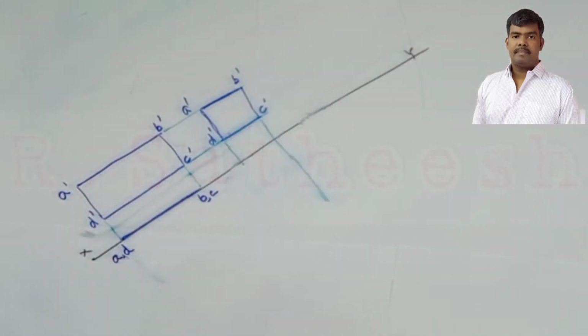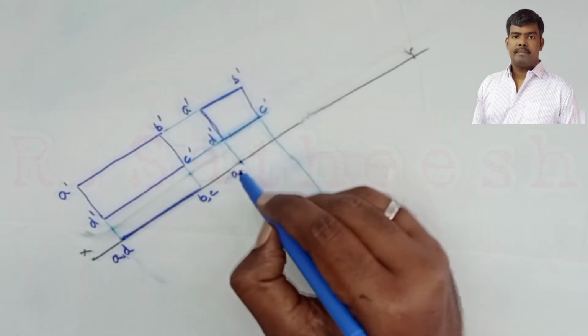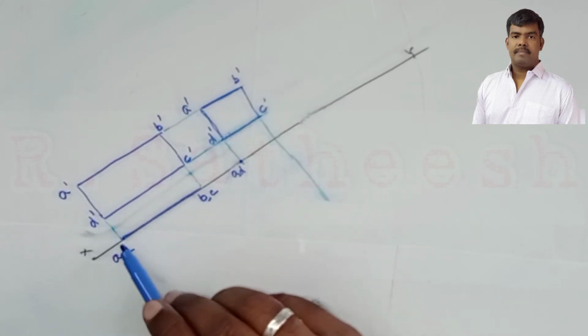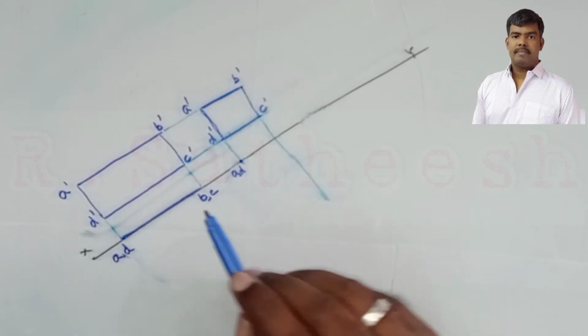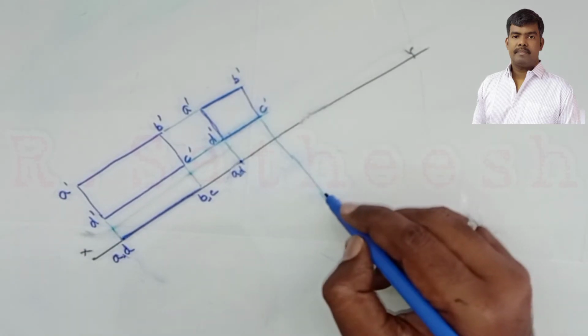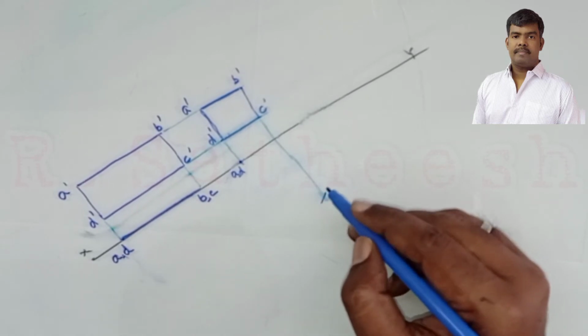Let us consider this end A comma D. How much is the distance in the top view? It is 60. So take 60 as the radius, A comma D as the center, and intersect an arc on the vertical line projected from B dash C dash.